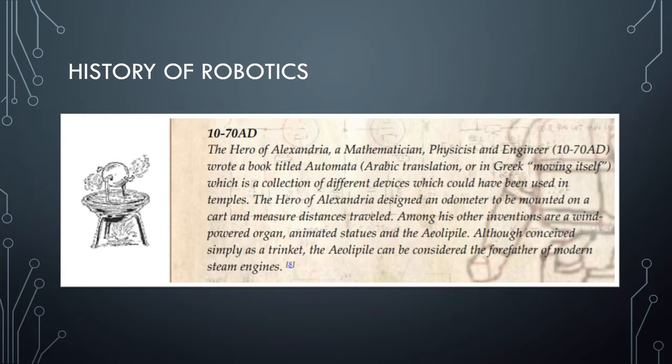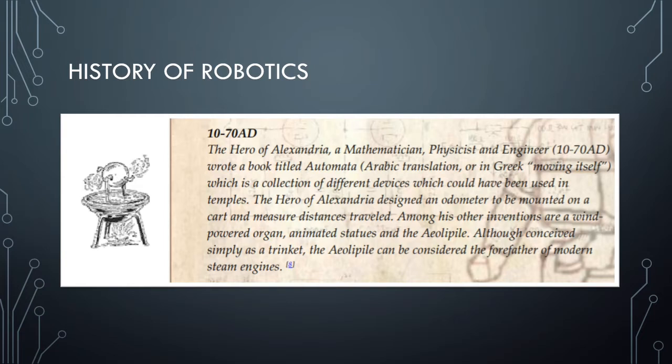So this isn't just kind of abstract concepts of robotics, these are the very real foundations of robotics that were happening 2,000 years ago. So we have collections of different mechanical devices, we have odometers calculating how far things are traveling.